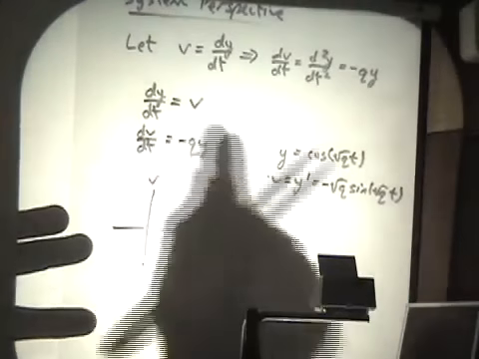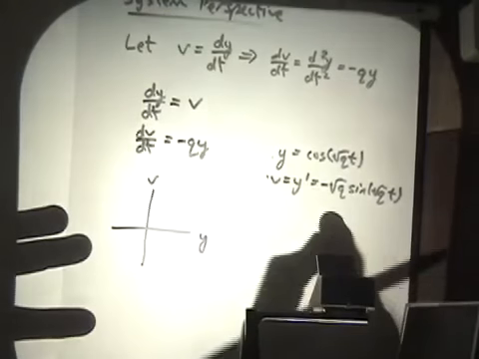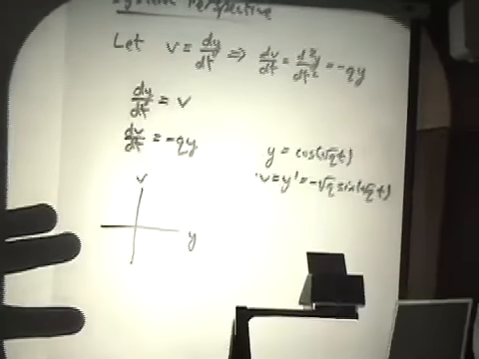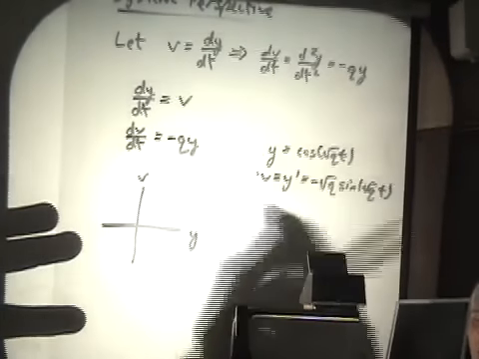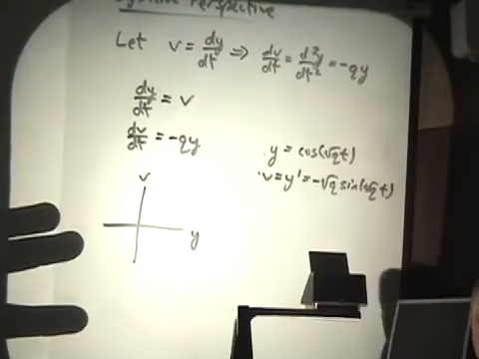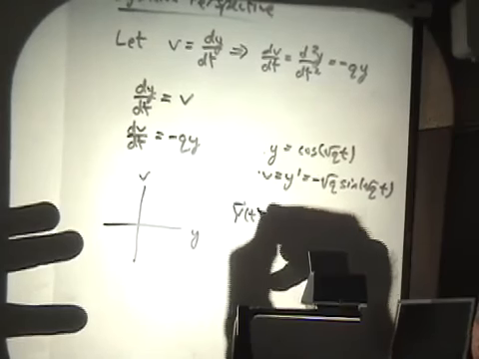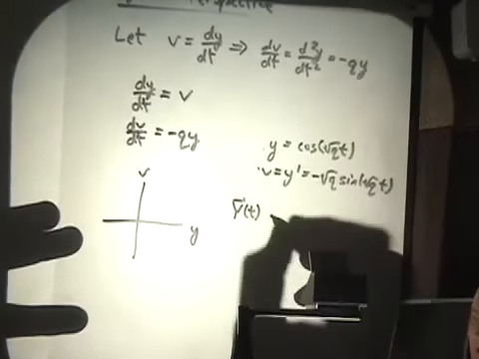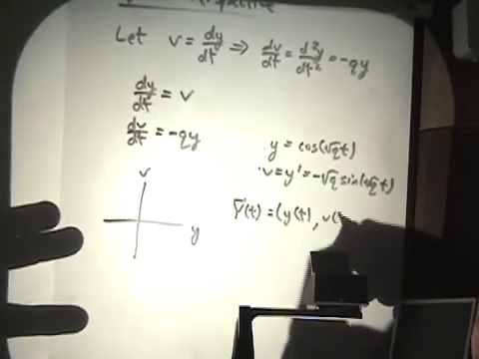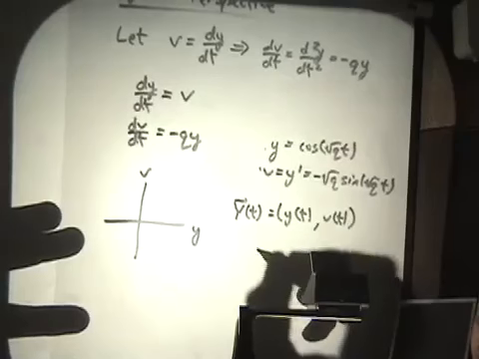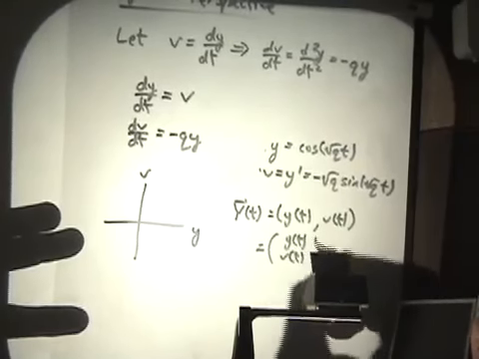The fact that dy dt is v is obvious, and the fact that dv dt is negative q times y is pretty quick to check too. These parametric equations will generate what's called a parametric curve. And we'll sometimes use what's called vector notation, capital Y vector of t, where I'm putting these two solutions into an ordered pair, which sometimes we might write horizontally, sometimes we might write vertically as a column vector.